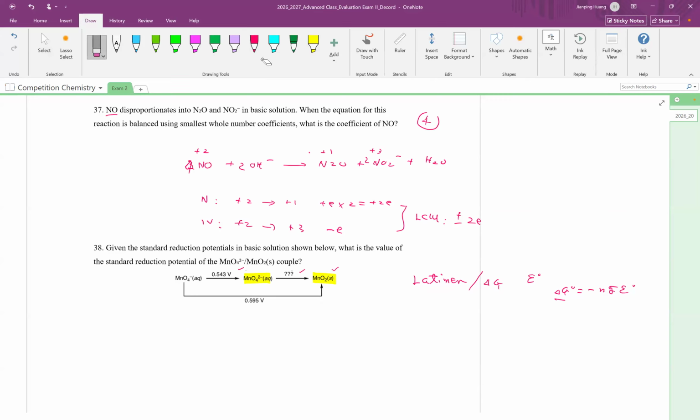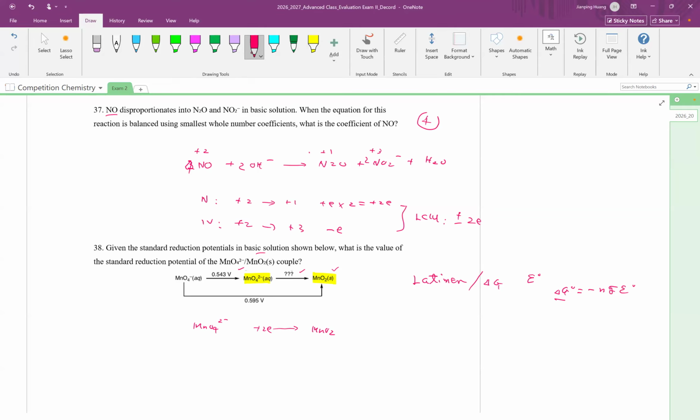That one, it is MnO4 2 minus, get MnO2. This one in the basic condition, plus 6 to plus 4, you gain 2 electrons.